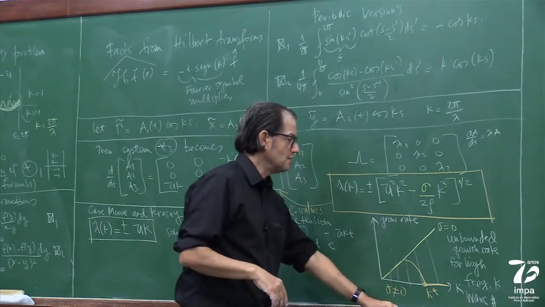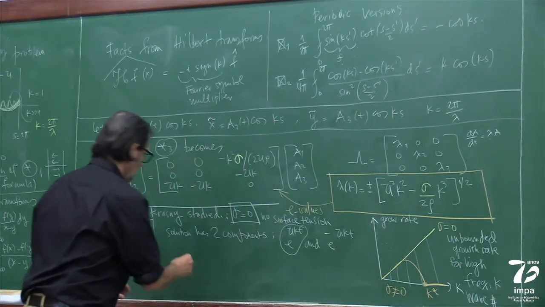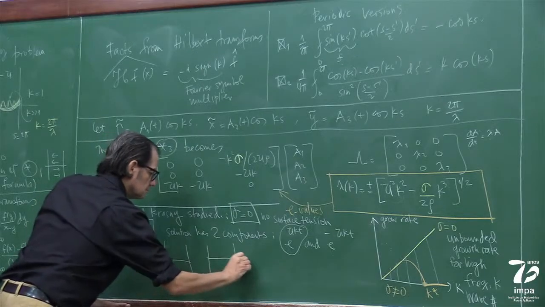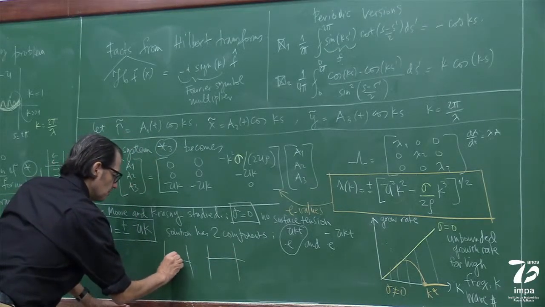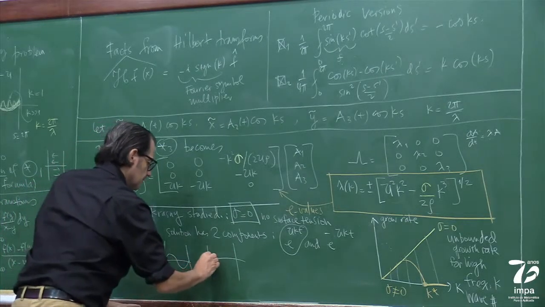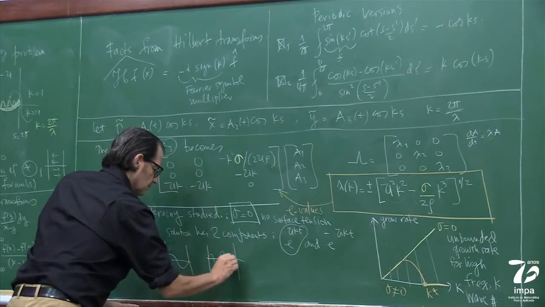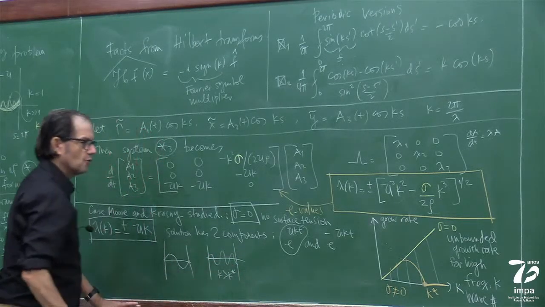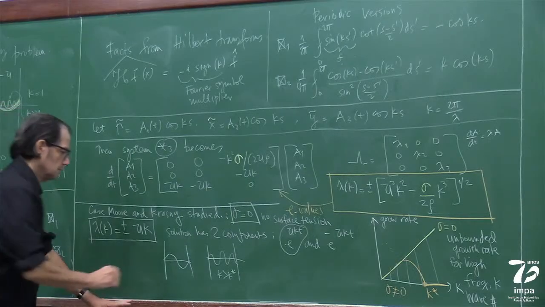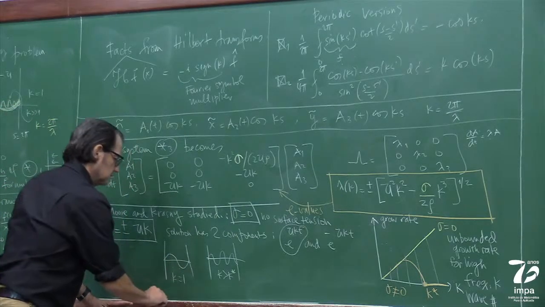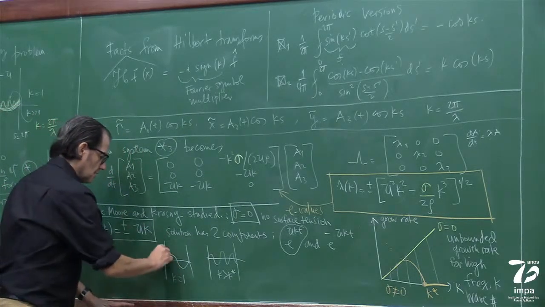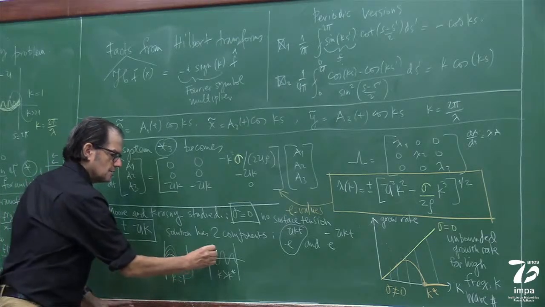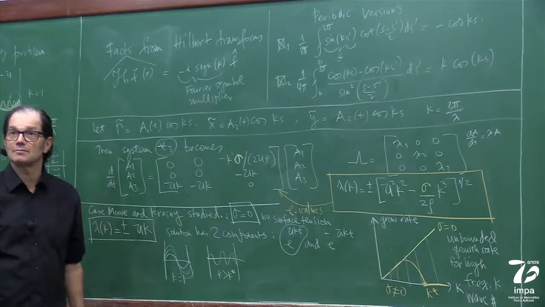So this says, for example, if I put this one here and this one here greater than the critical, this one grows in time, and this one just oscillates in time.